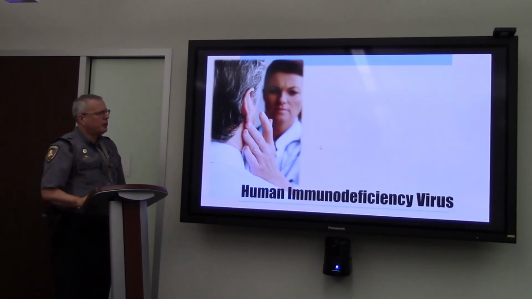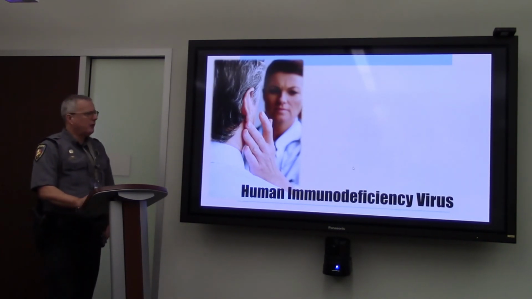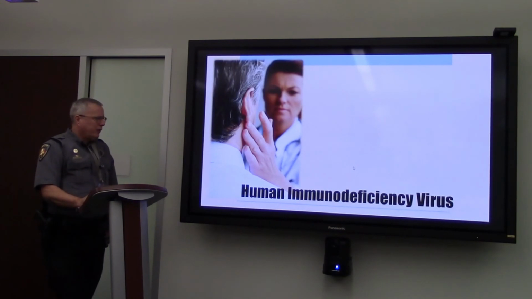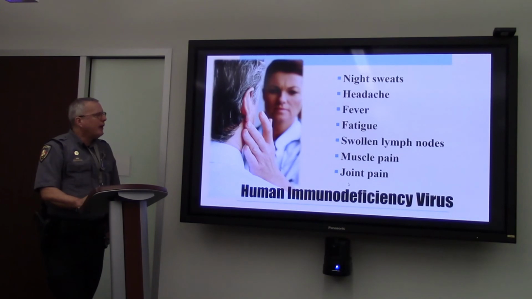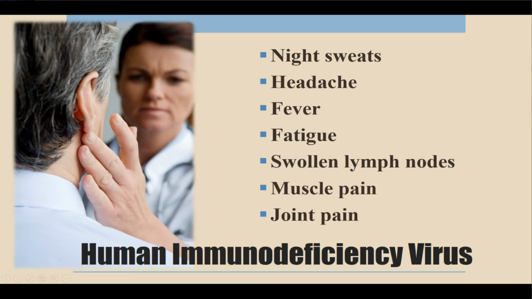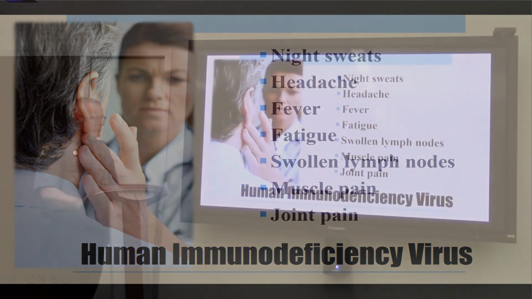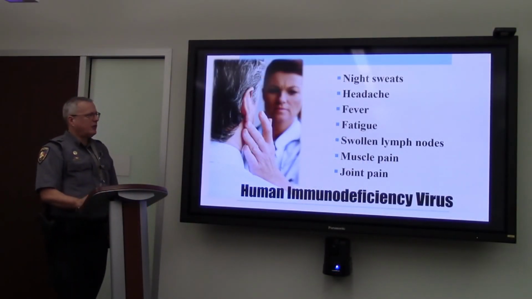Human immunodeficiency virus, also known as HIV. HIV is a virus that causes AIDS. This is probably the first bloodborne pathogen that we really worried about. And these are some of the symptoms of AIDS itself. HIV infections are frequently asymptomatic. There is absolutely no sign or symptom to go with a positive HIV test.